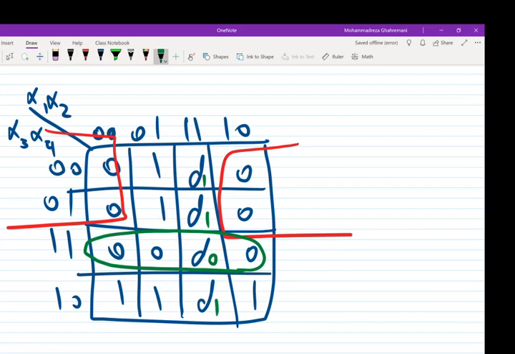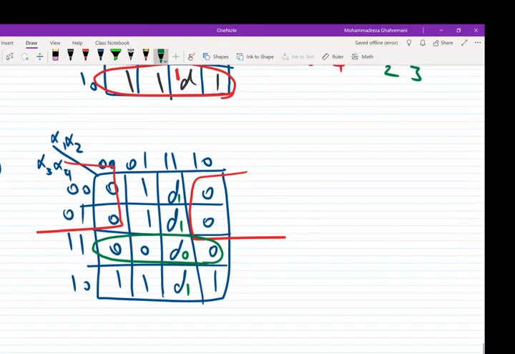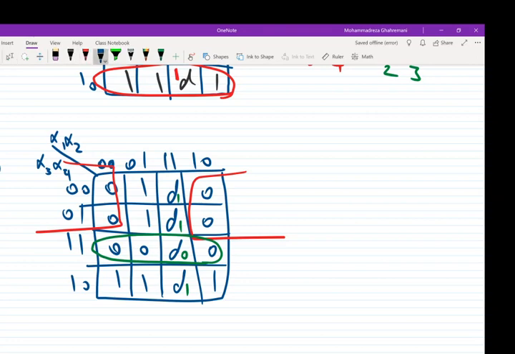Okay, now that we have these groups, we need to write the function. For the green one, x1 and x2 are changing, so they cancel each other. x3, x4, so it should be x3 bar plus x4 bar, times the red one.